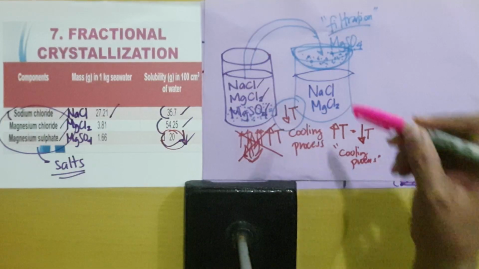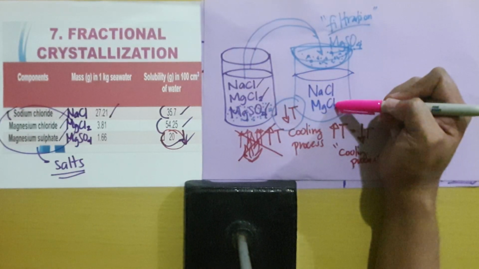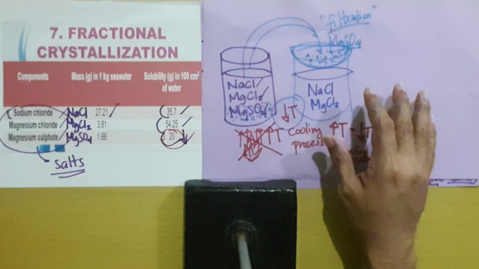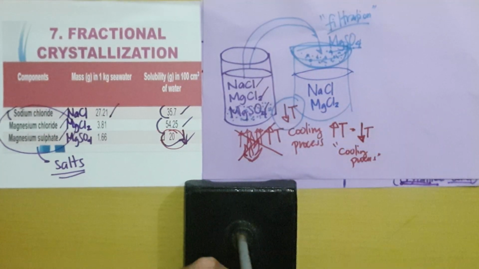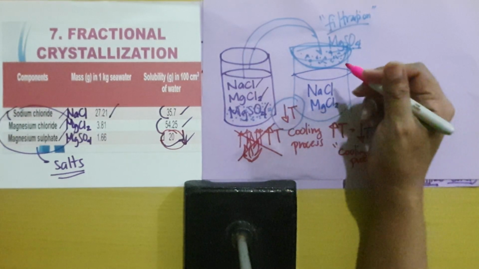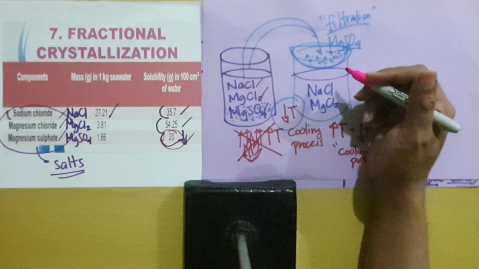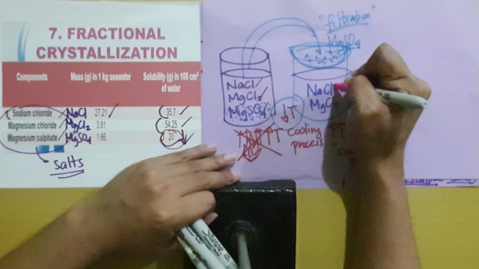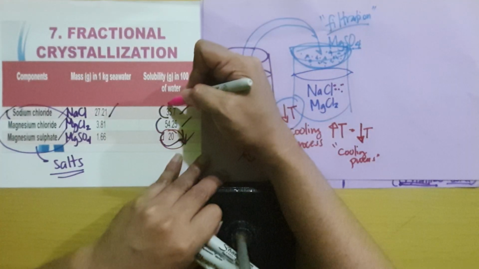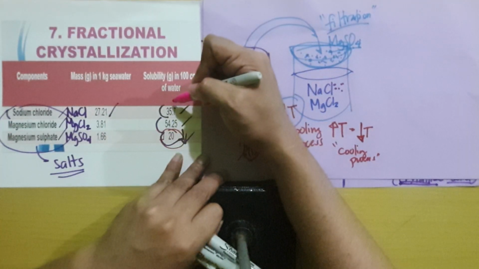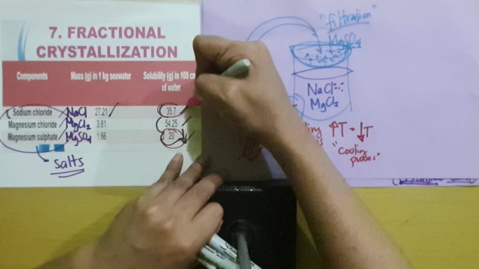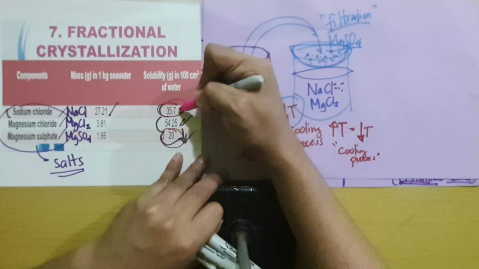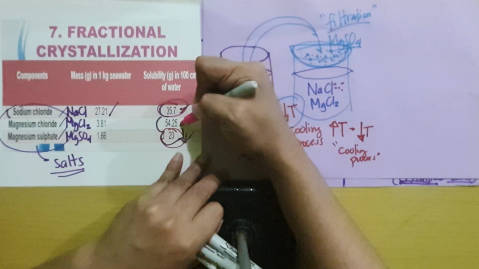And between sodium chloride and magnesium chloride, which type of salt will crystallize first? Of course, the answer is sodium chloride. Why sodium chloride? Based on our solubility values, sodium chloride has a lower solubility value than magnesium chloride. 35.7 is less than 54.25.